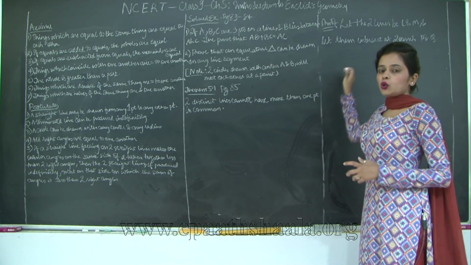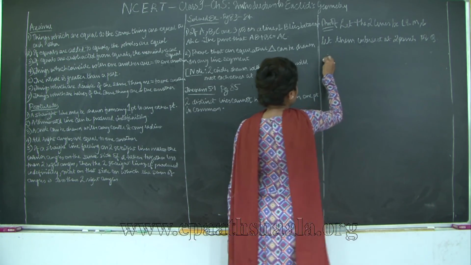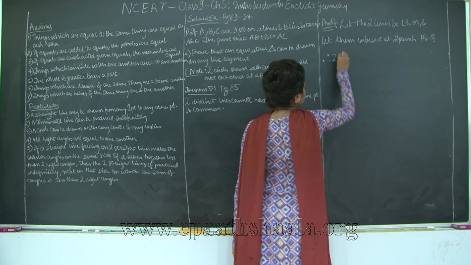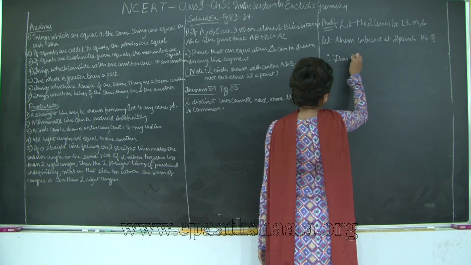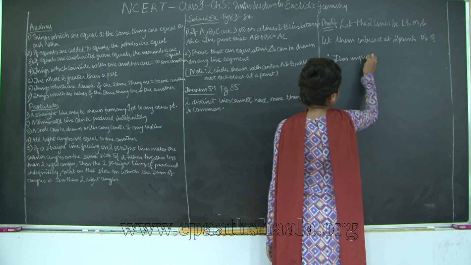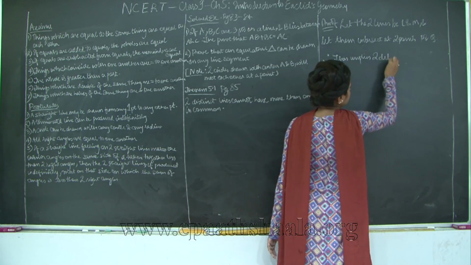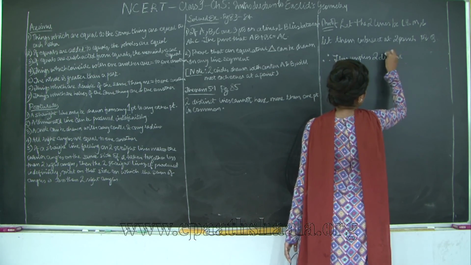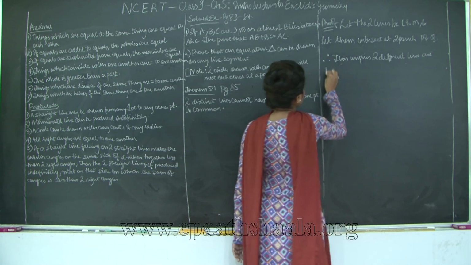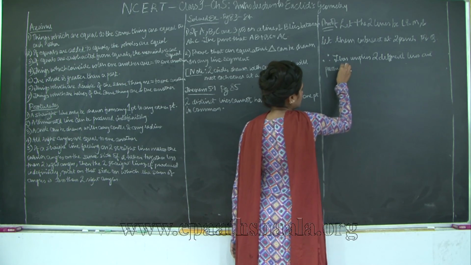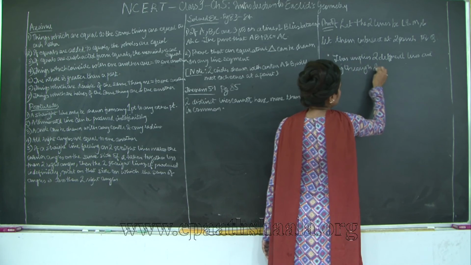We will have two lines passing through two distinct points P and Q. Therefore, this implies two different lines are passing through two distinct points.